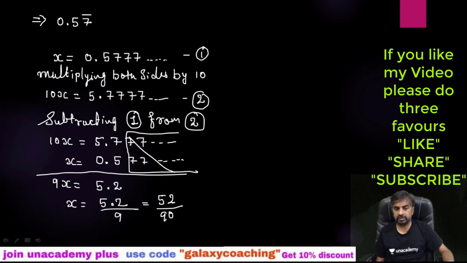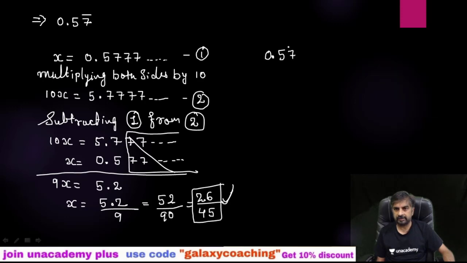And still you can reduce by cancelling: 2 2s are 4, 2 6s are 12, and 2 45s are 90. Further, if you can cancel, you can, but we cannot here. So this is the reduced form. So you can write down 0.57 bar is equal to 26 by 45.